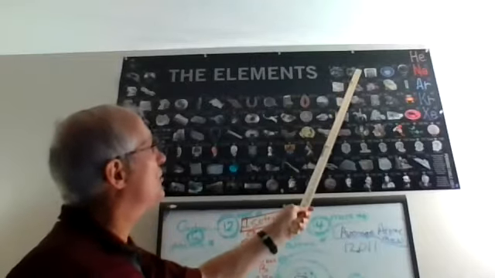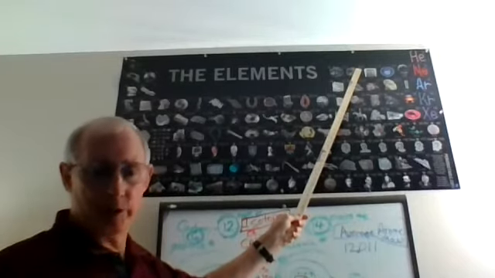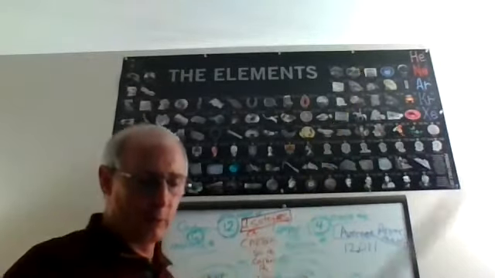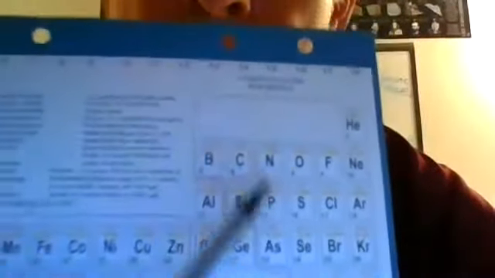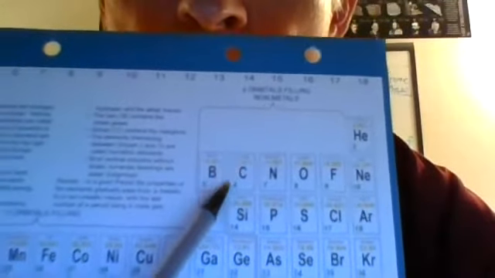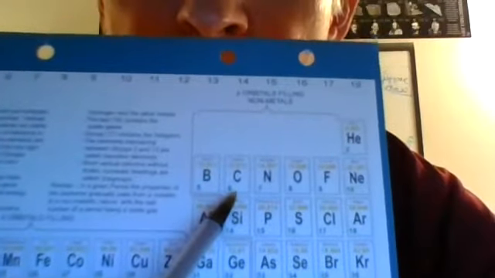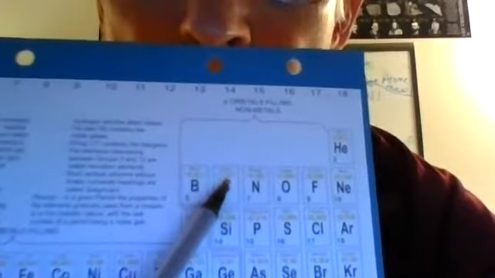And if you look real close next to that 6 up there, you're going to see 12.011, just like you would if you looked right here on your periodic table, in the back of your book, 12.011. And the atomic number is 6. The average atomic mass is 12.011.